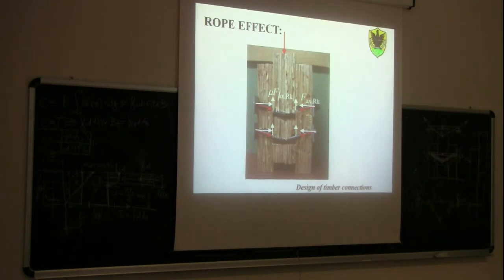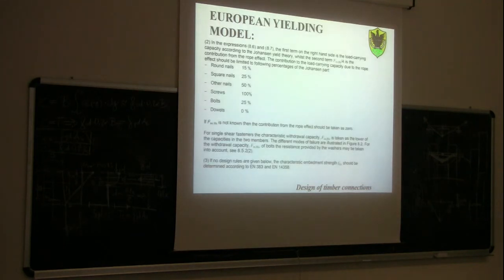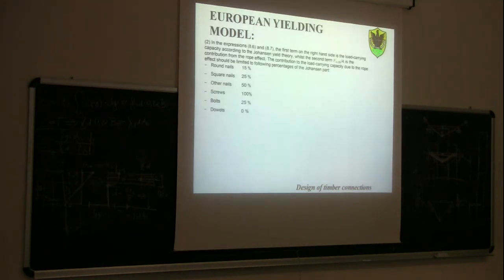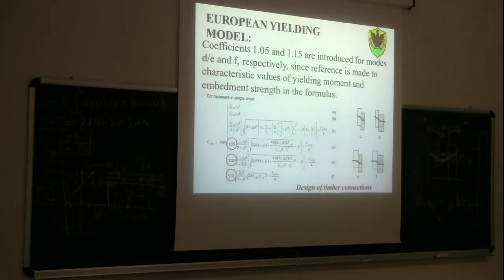Now, this value must be multiplied by μ, which is the friction coefficient. Now, if you look at the Johansen equation, can you find in this term here a friction coefficient? F_ax,Rk, we said this is the perpendicular force. What is the friction coefficient?